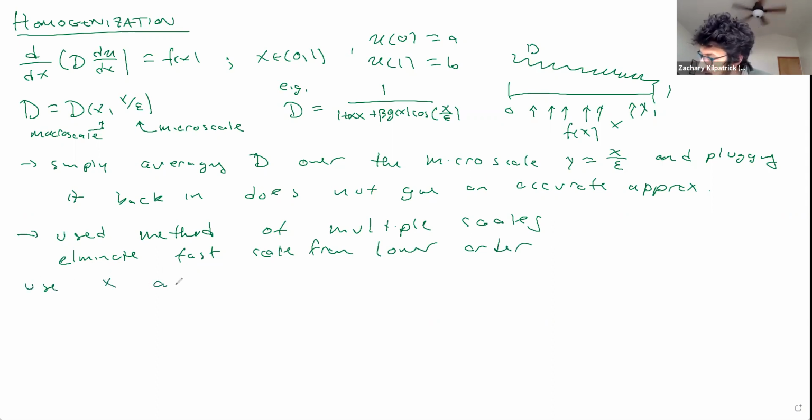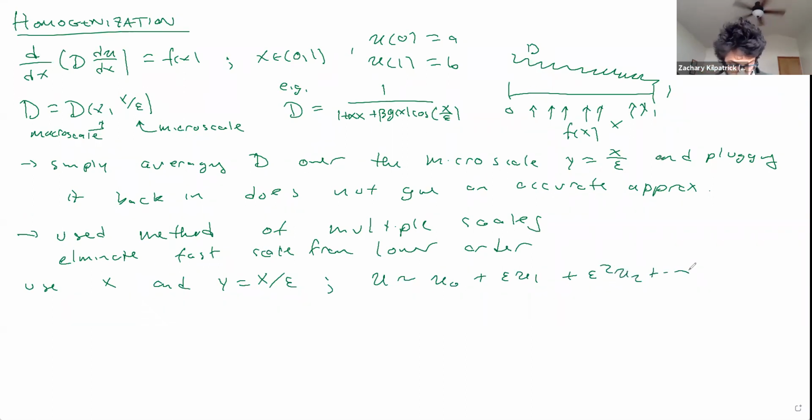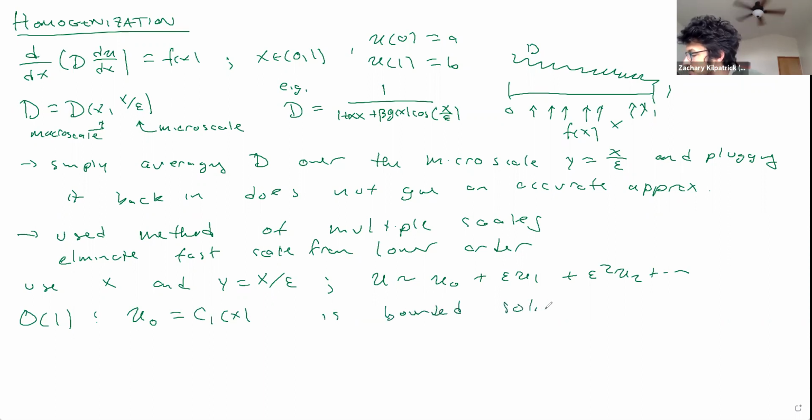Okay, and so what we found then, using x and y equals x over epsilon, and also just a regular perturbation expansion, U0 plus epsilon U1 plus epsilon squared U2, and so on. We found that at order 1, we could get that U0 equals some function C1 of x as our bounded solution.